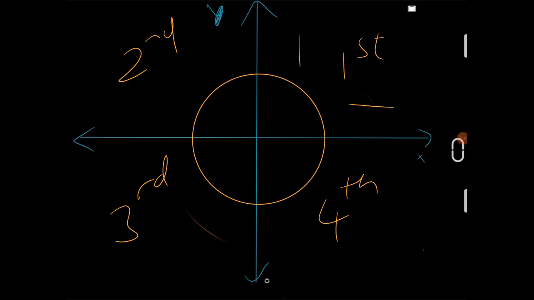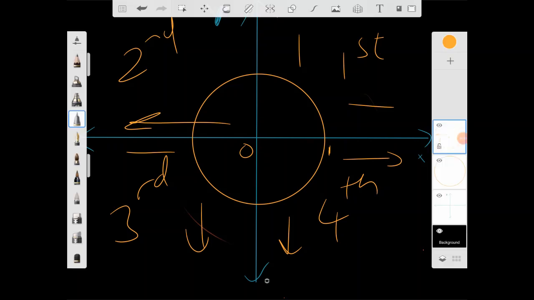We know this is 0, so x is negative here. By the way, this is a unit circle. Don't forget that all circles that we are drawing now are unit circles. So this is 1. I'll write 1 here for your information. This is the third quadrant where x is negative, y is negative. This is the fourth quadrant where x is positive, y is negative. I hope you all know that already.